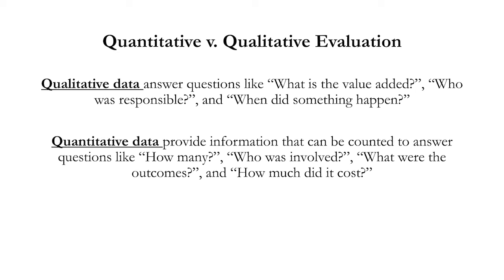Quantitative data is usually collected before and after an evaluation period so that it can show outcomes and impact. And the big strength of quantitative data for the purposes of evaluation is that it can be easily generalized, for example, whether a sample represents a whole population.